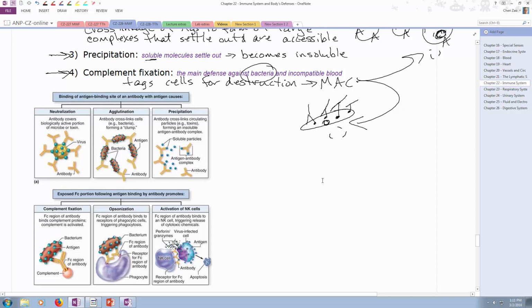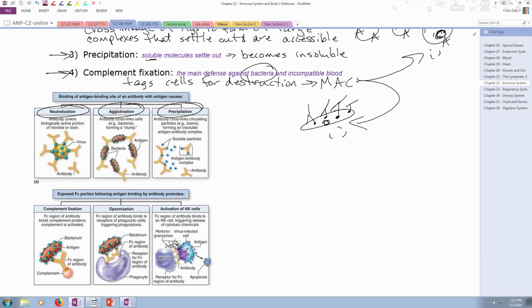So let's take a look here. Binding of antigen: binding sites on an antibody with the antigen will cause neutralization, which is our toxin thing that we just discussed. Agglutination, because of cross-linkage, because of the bivalent nature of our monomers. And then, of course, precipitation, where we actually have much smaller molecules complexing with our antigens.